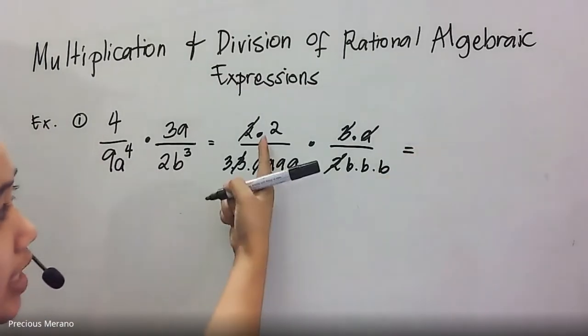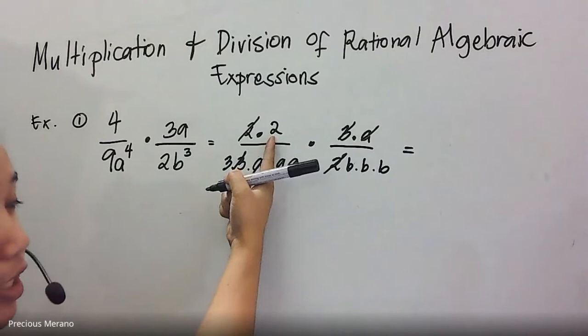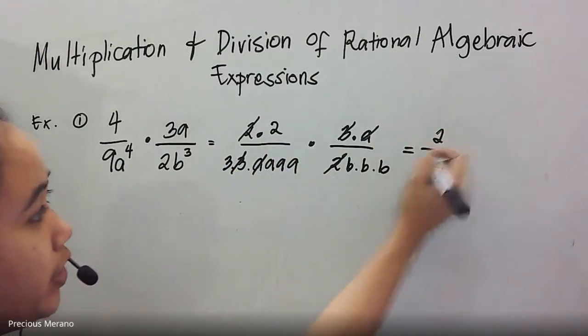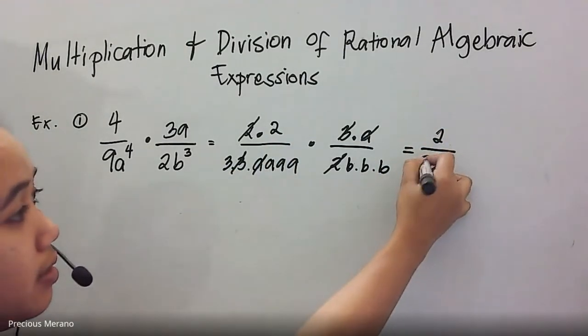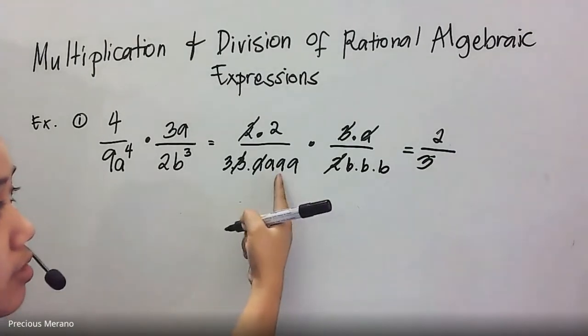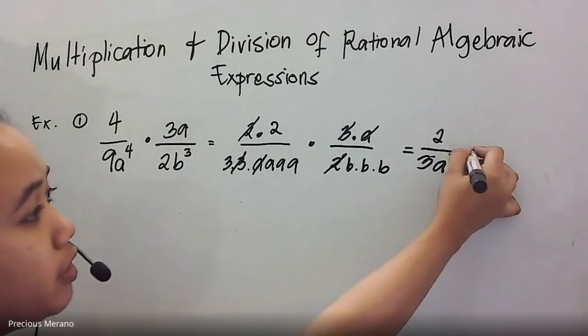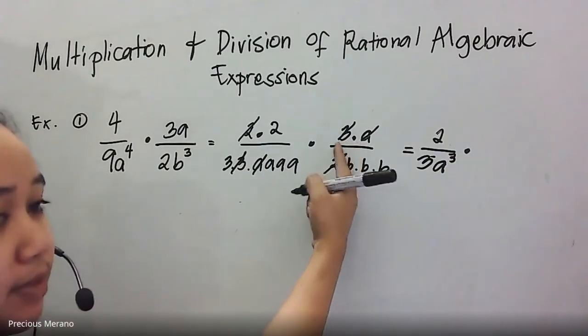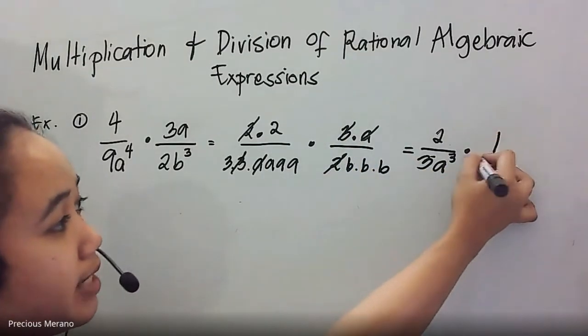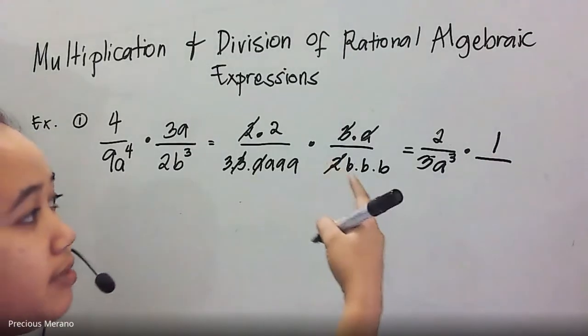So, sa numerator natin dito, sa first term is only 2 over 3. And then, how many a's are there? 1, 2, 3. So, a cube multiplied by, since walang natira, pag wala nang natira, automatic 1, di ba? Ganun pa rin naman. Same pa rin sa rules nung sa simplifying.